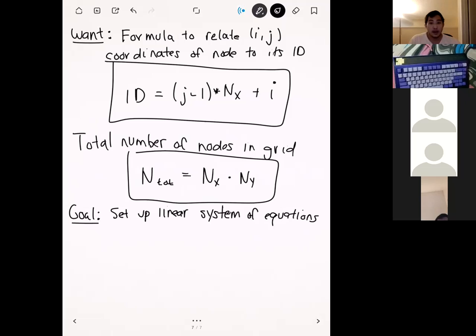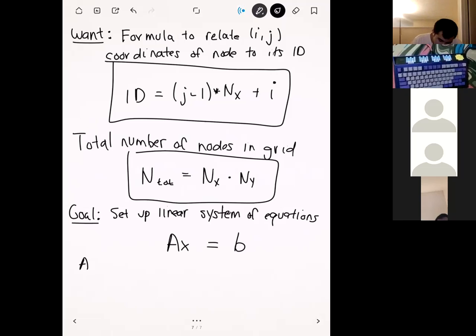Okay. And so if you relate this back to when we did our 1D case, we want to set up a system that looks like this, where we have a matrix A, which contains all the coefficients for our linear equations, X, which is our solution variable, and B, which is our right-hand side forcing. That's where we put all the source terms and all the boundary conditions, okay?